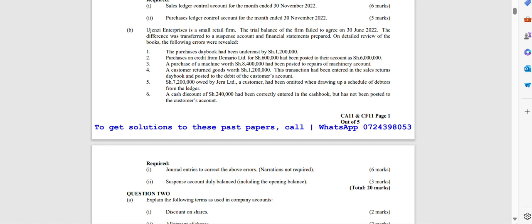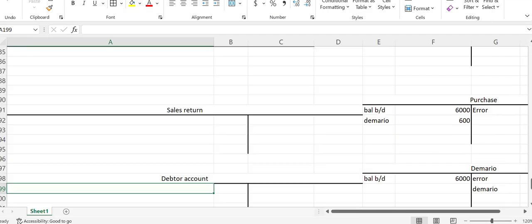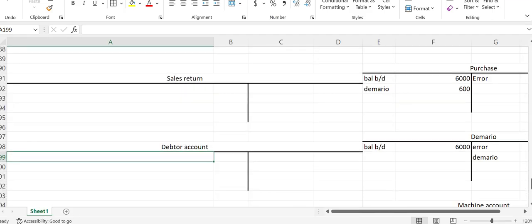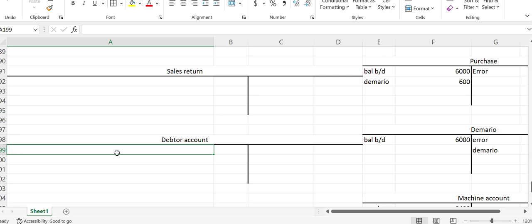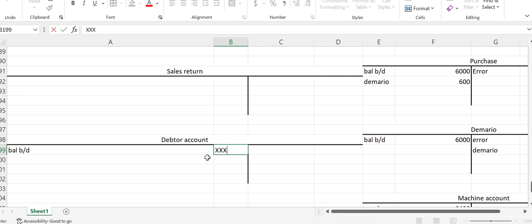So the transaction had been entered in the sales return day book and posted to the debit side of the customer account. So I'm only interested in the customer account here. So in the customer account, we know there is a balance brought down, we don't know what the balance brought down was. Let's assume it was XXX.